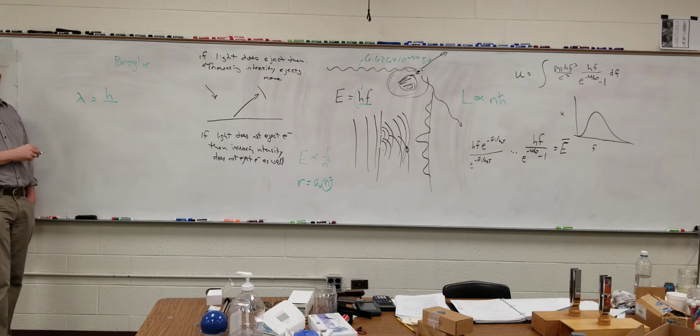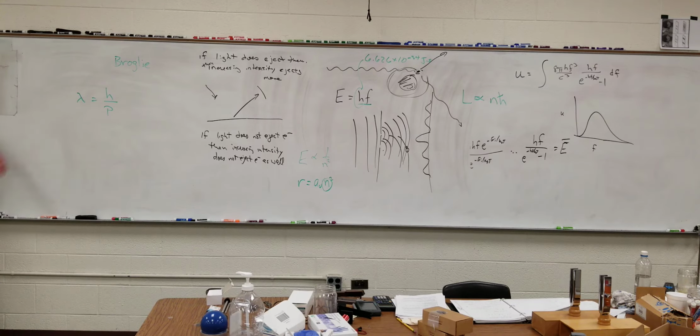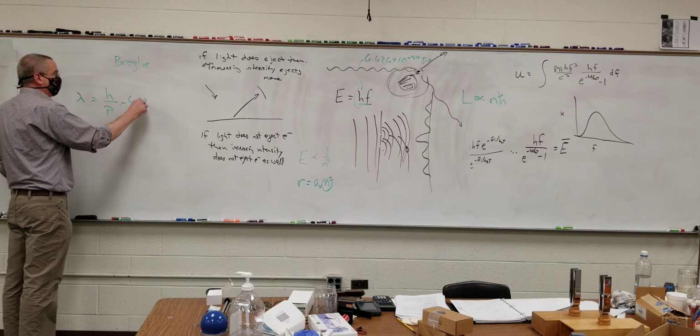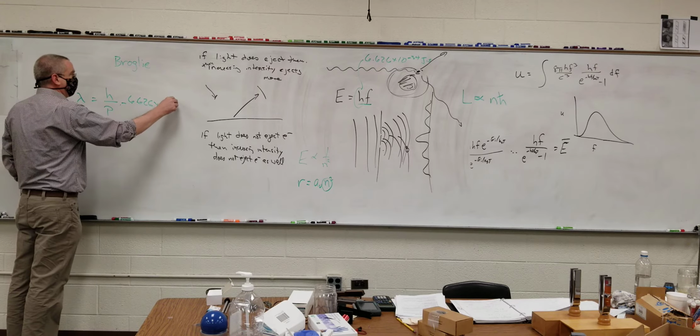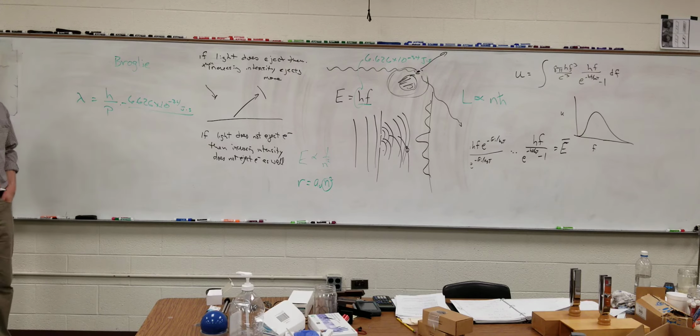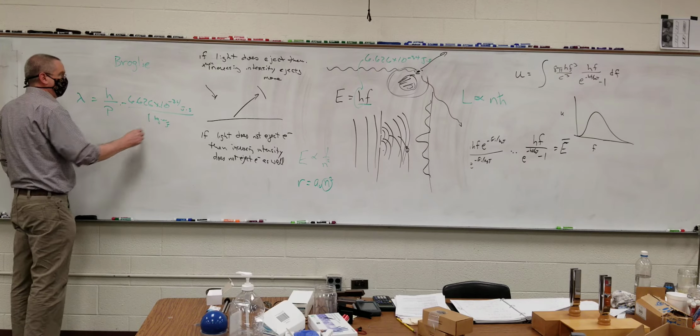And again, Planck's constant shows up yet again, and obviously I'm not deriving this one, but this is the de Broglie wavelength, h divided by the momentum. So we have this number right here, 6.626 times 10 to the negative 34th joule seconds, divided by momentum. Well, if I've got a 1 kilogram object moving at 1 meter per second, I have 1 kilogram meter per second.